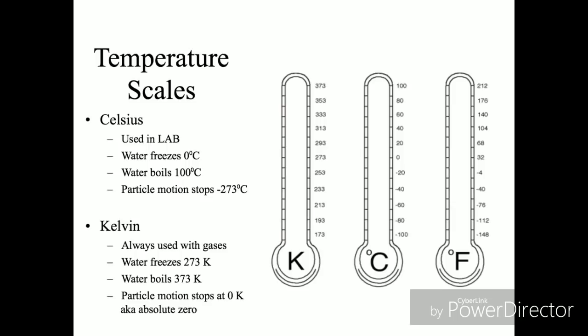Notice that there is 100 degrees difference between the freezing temperature of water and the boiling temperature of water in both the Celsius and Kelvin thermometers. You can find the equation to convert between Kelvin and Celsius temperatures on the back of your reference table on table T.